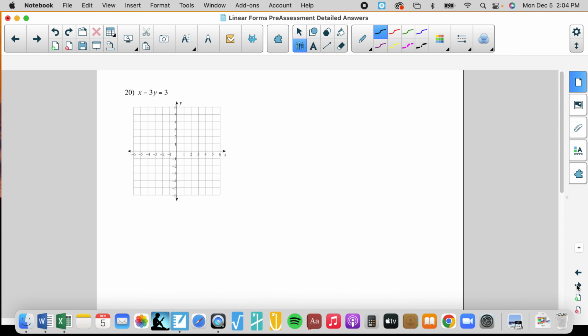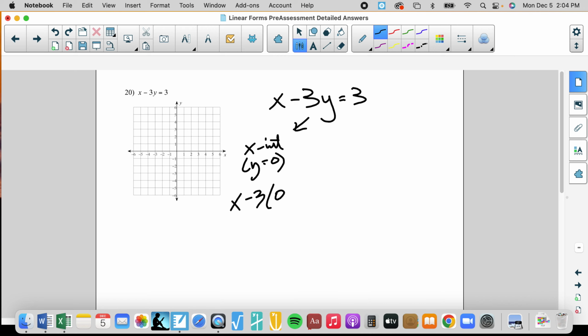Still in standard form, x minus 3y equals 3. Let's solve for the x-intercept. We plug 0 in for y. So x minus 3 times 0 equals 3. X minus 0 equals 3. X equals 3. That's my x-intercept.